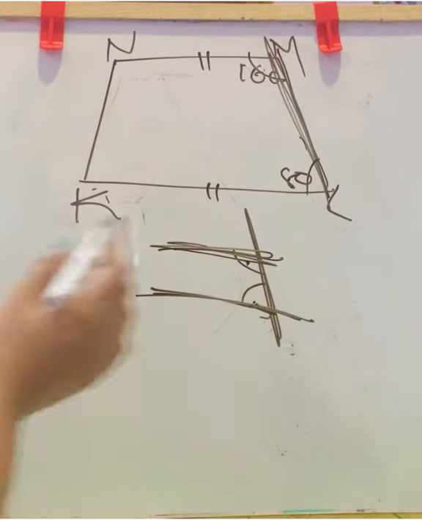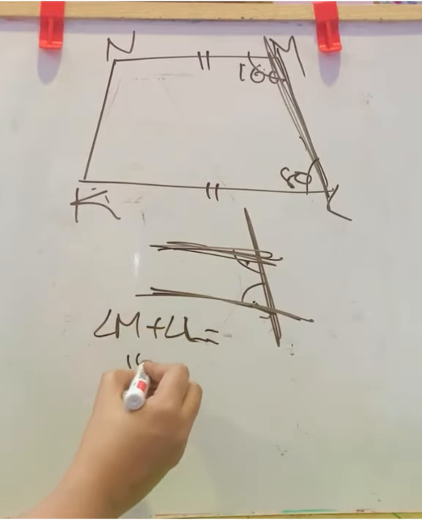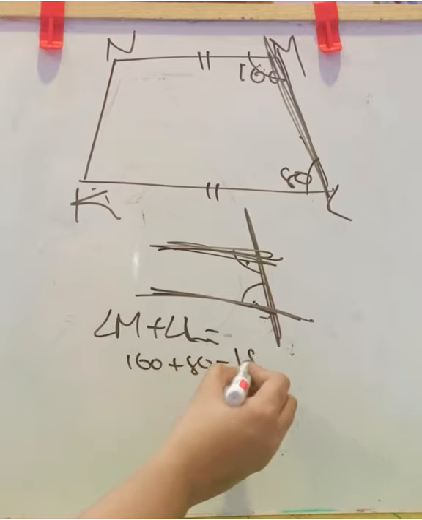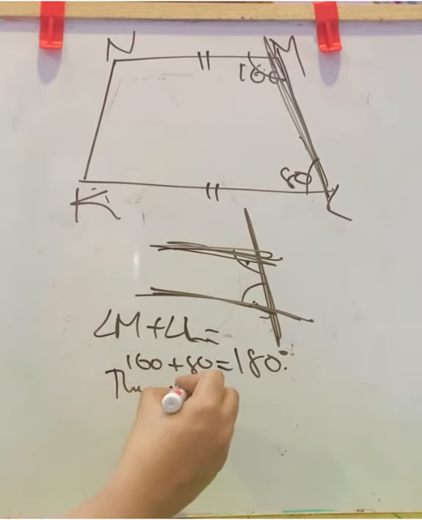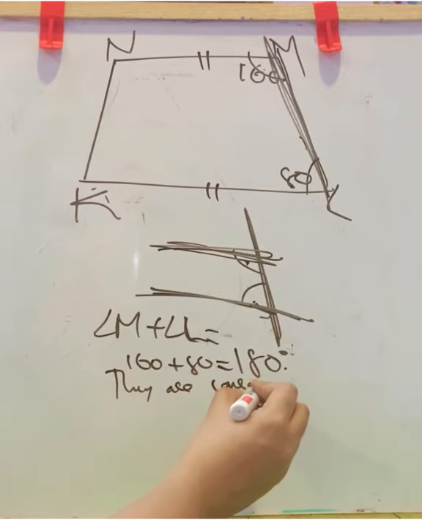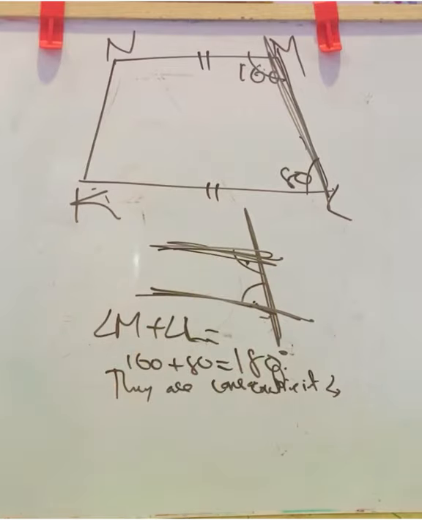Let us check whether they are 180. Angle M plus angle L equal to 100 plus 80, that is 180. Yes, here they are consecutive interior angles and their sum is 180, means which lines are parallel?